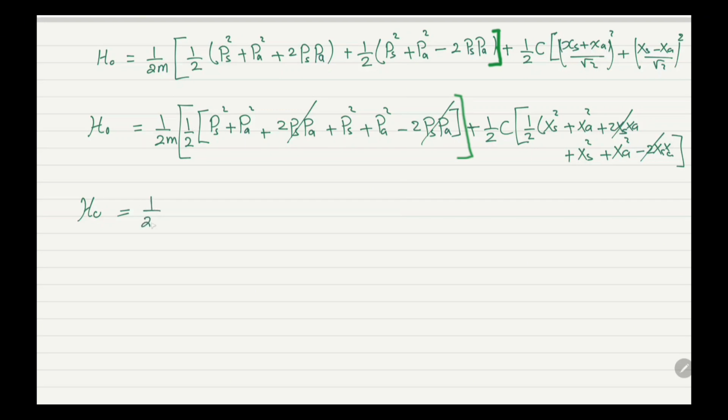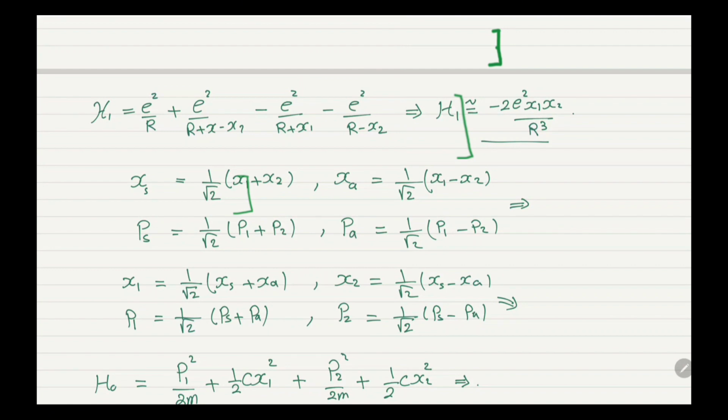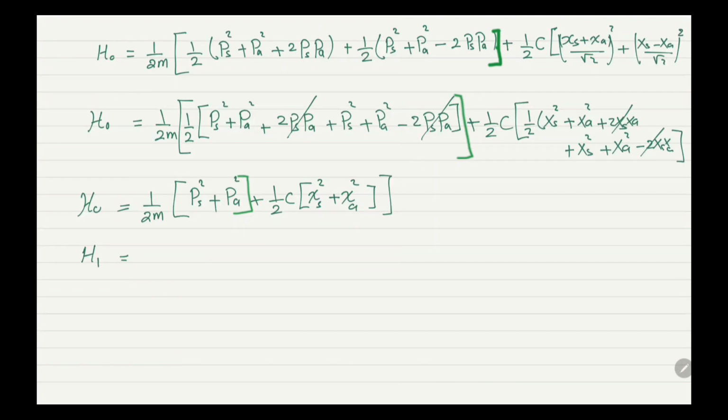So 1 over 2m times ps squared plus pa squared plus half c times x symmetric squared plus x antisymmetric squared, and H1 in this case, remember, equals this one right here. This is H1, minus 2e squared x1 x2 over R cubed.